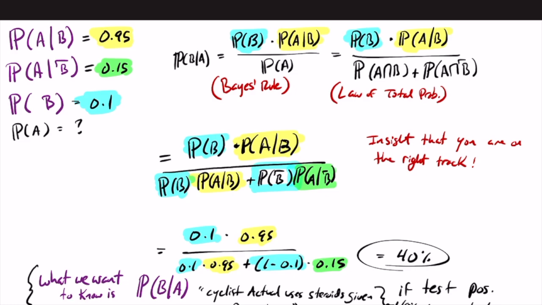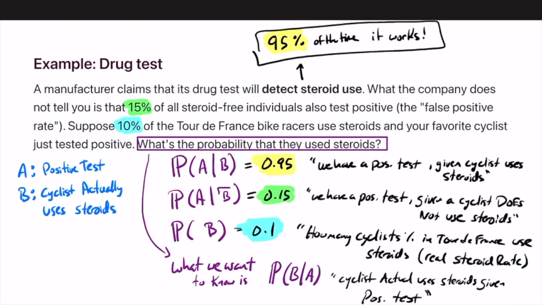So why is that so much lower? Oh, I thought it was 95% chance of the time it works. Yeah, that's true, but 95% of the time it works is not the same thing as saying that 95% of the people who test positive on this test use steroids. If that's true, then it would catch people 95% of the time, and it would have 0 false positives, which means it would never test positive in the case where somebody didn't use steroids.